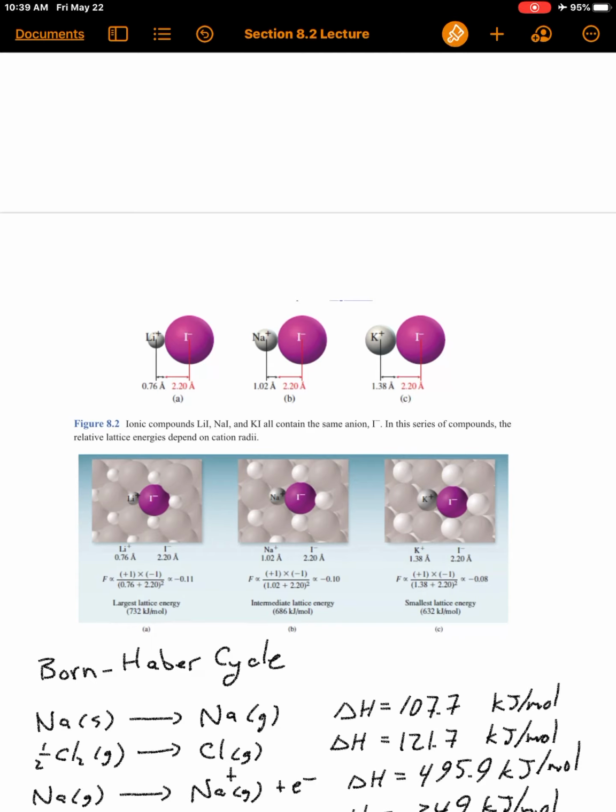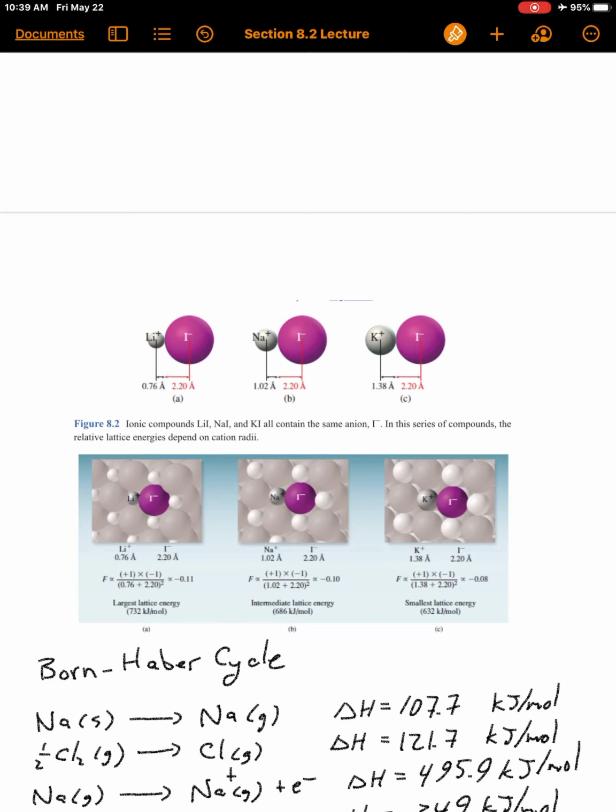The size of an ion depends on the nucleus and it depends on the electrons. Okay? So these have different sizes. And if you take a look at the lithium iodide, look at how the distances are. The lithium ion is 0.76 angstroms. The size of the iodide ion is 2.2 angstroms.